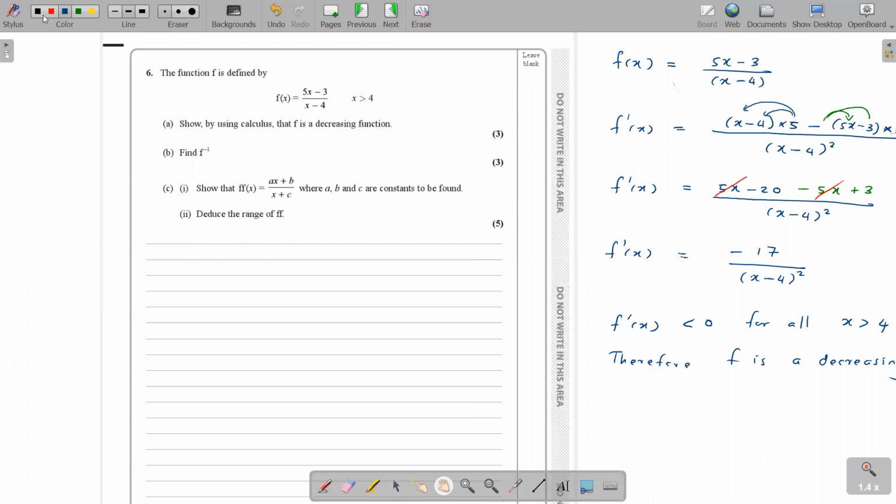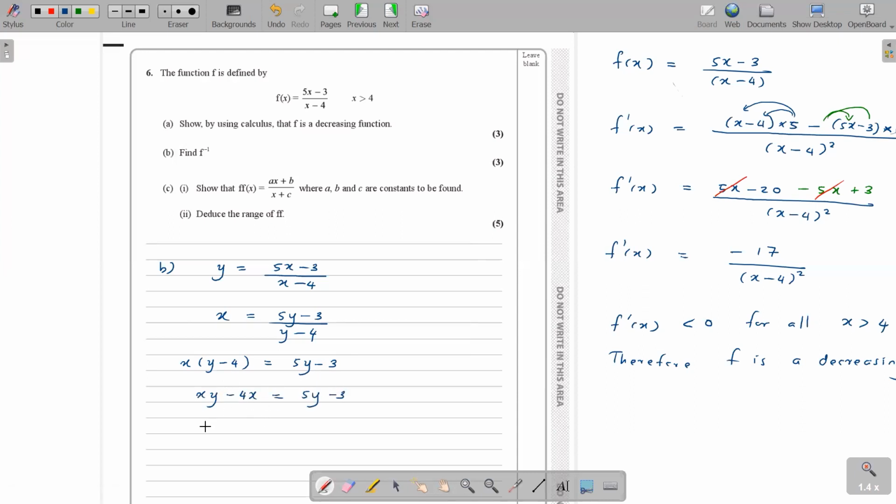Next one, part B, they ask you to find f inverse. How do we find f inverse? So you take your graph y equals 5x minus 3 over x minus 4. To find inverse, we switch x, y and make y the subject, right? So switch: x equals 5y minus 3 over y minus 4. Then make y the subject, x times y minus 4 equals 5y minus 3. So I get xy minus 4x equals 5y minus 3.